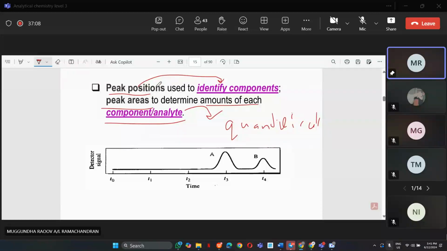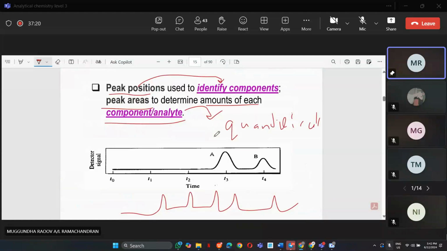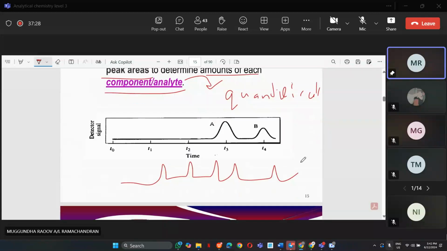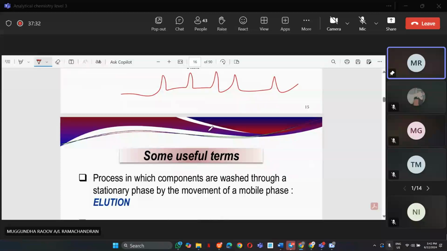We don't use peak position for quantification. Peak position is just for profiling, for screening to see what analytes are present. This is peak profiling; this is what we call separation. But we use the peak area to determine the amount of the component or analyte. So that is the difference, class. You should know about all these.